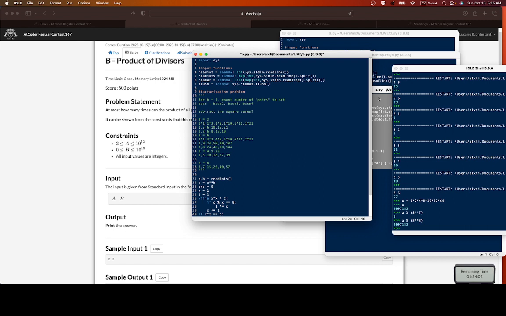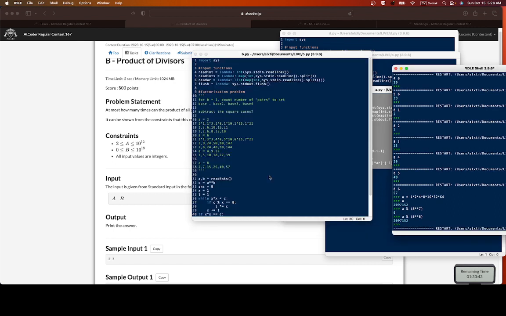Four, 9, 25. All of those share the same property. What about something with 3 pairs?